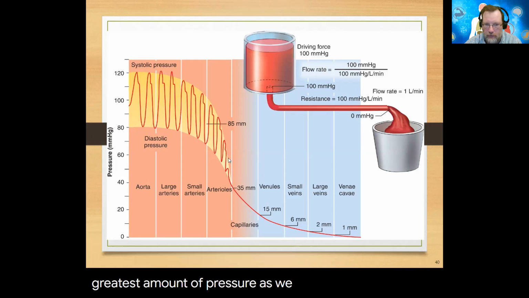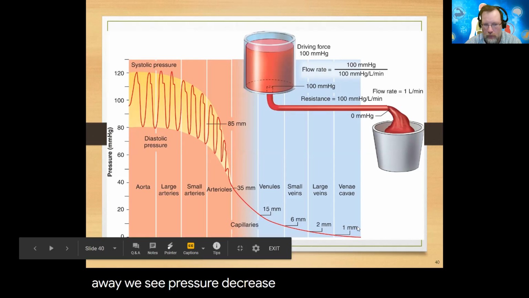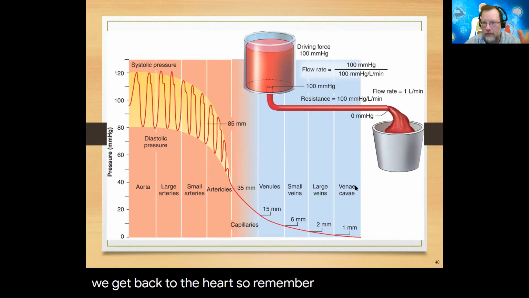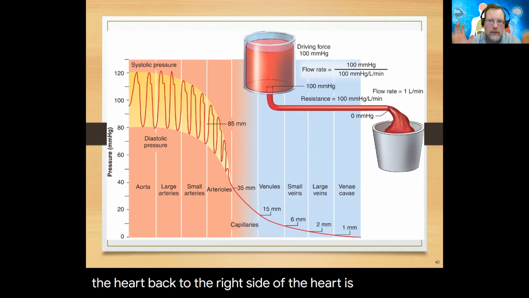As we get further and further away, we see pressure decrease all the way to the point that we get back to the heart. So remember, from the left side of the heart back to the right side of the heart is just one continuous group of tubes.